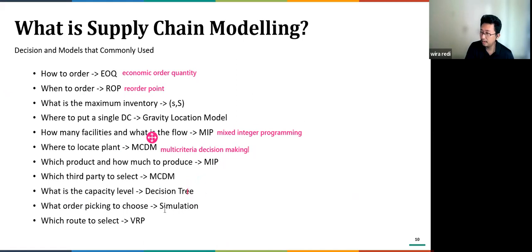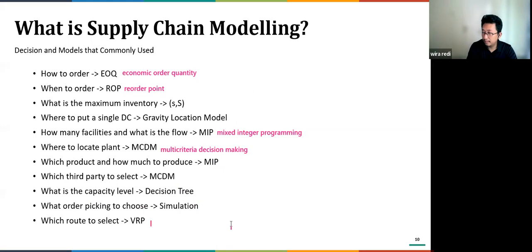Another one is decision tree. I think we can also discuss this one later on, and simulation models. But some of them may not be discussed in very much detail, just a quick run through. But if you're interested in it, you can ask me about it, and I can provide you some more materials.